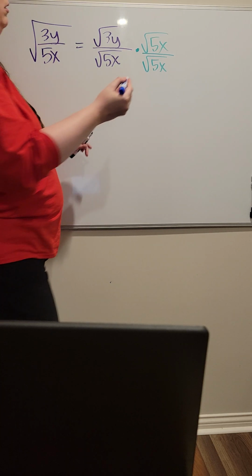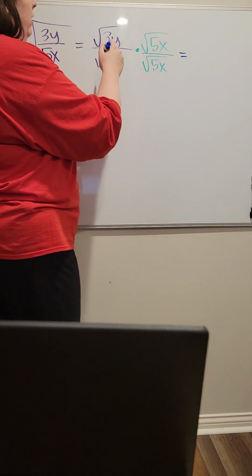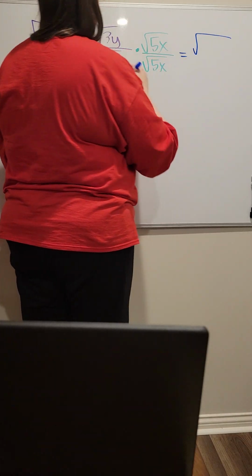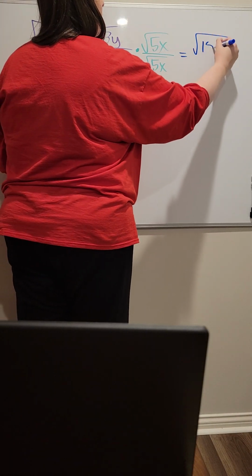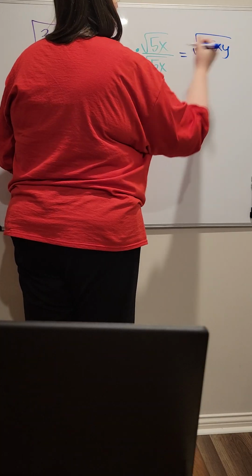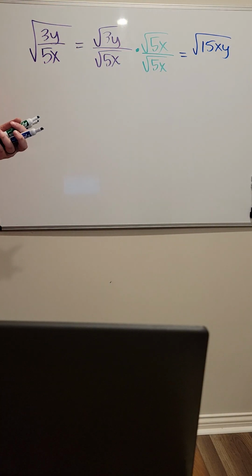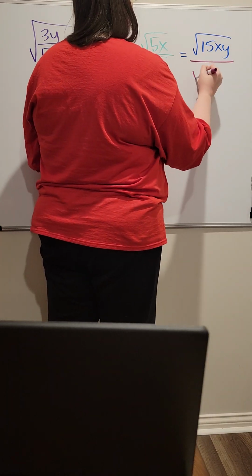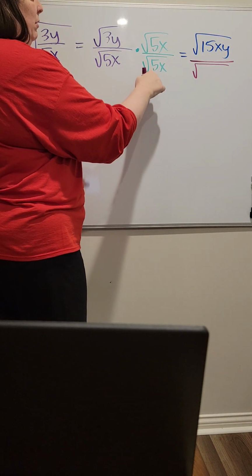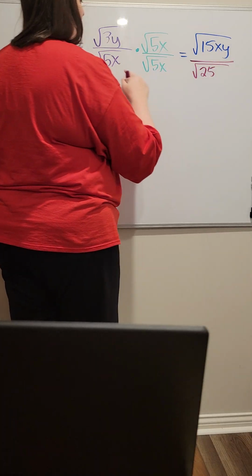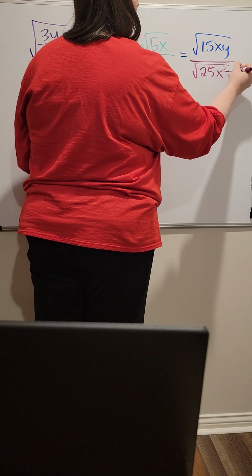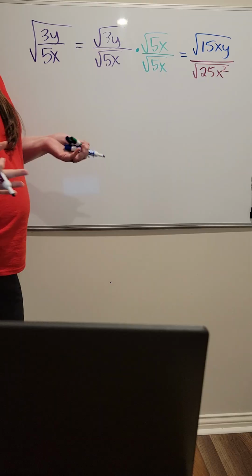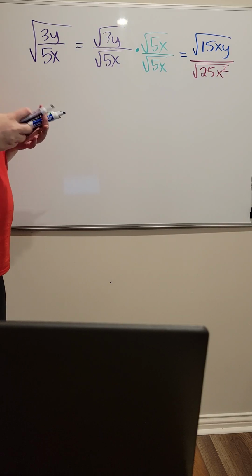And so now, our new numerator is going to be square root of 15xy, and our new denominator is going to be the square root of 5 times 5 is 25, x times x is x squared, which can be simplified, which is the whole point.